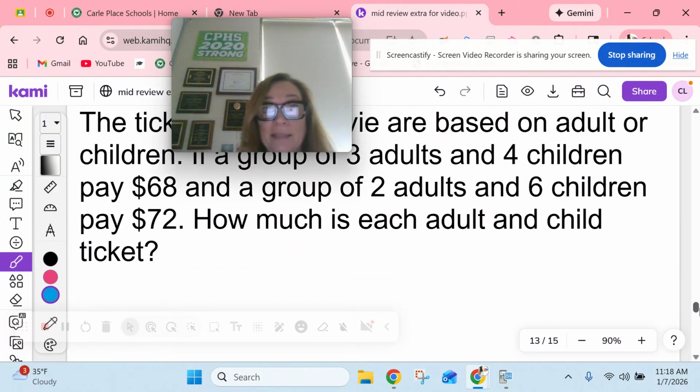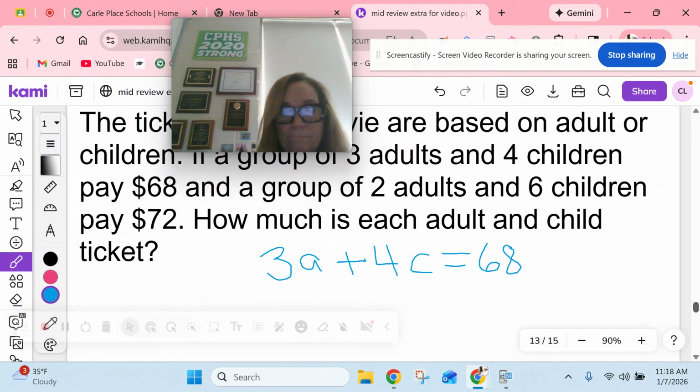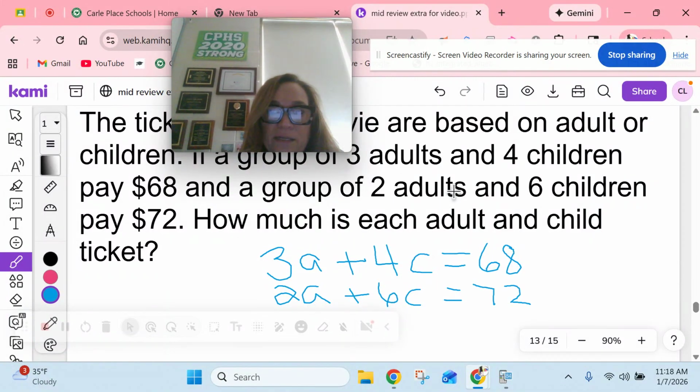All right, I'm writing a system. So 3 adults plus 4 children equals 68. 2 adults plus 6 children equals 72.